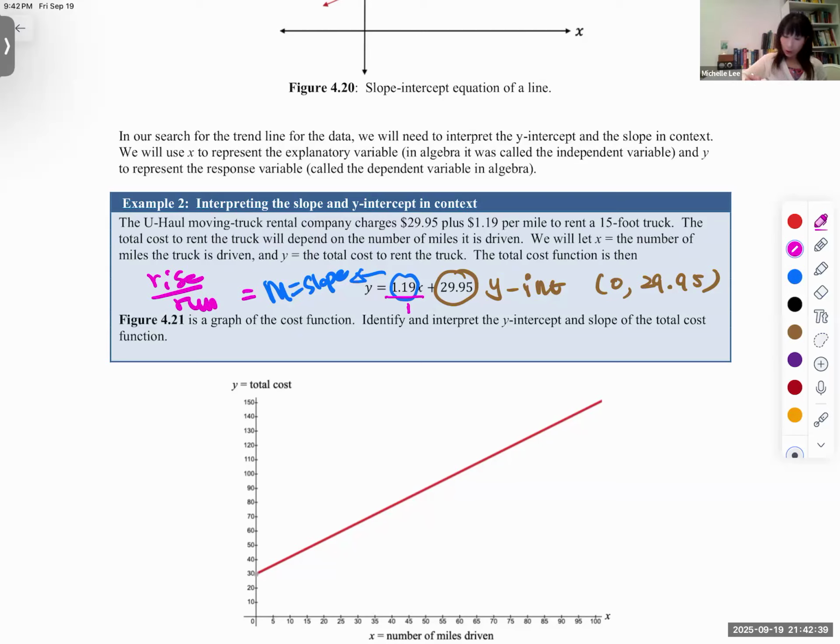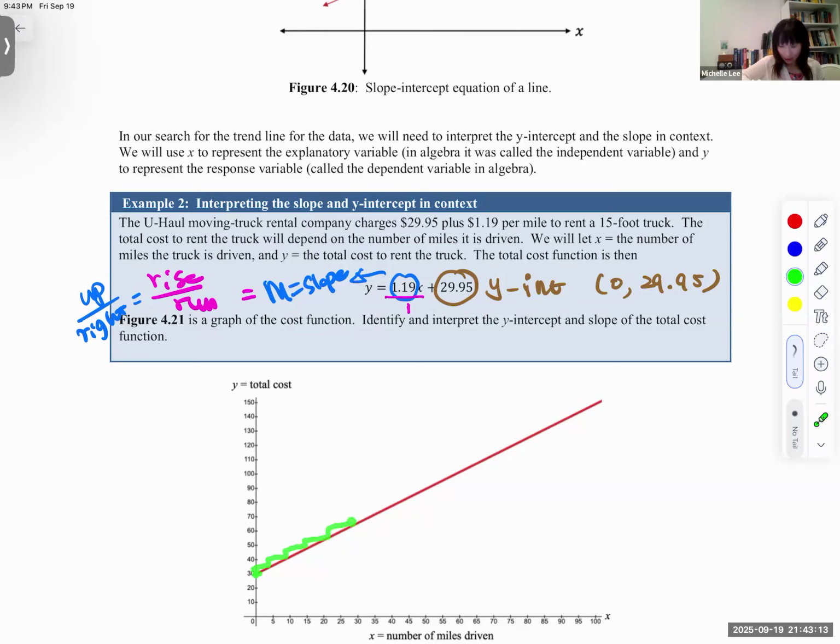So from the y-intercept, 1.19 over 1, 1.19 over 1, 1.19 over 1, and so on.